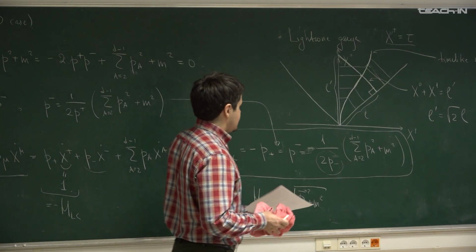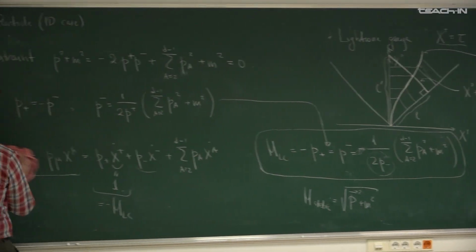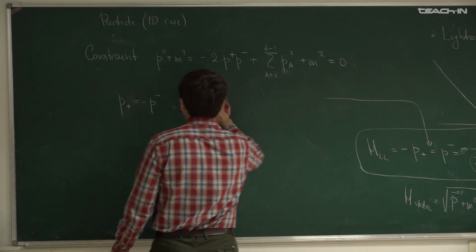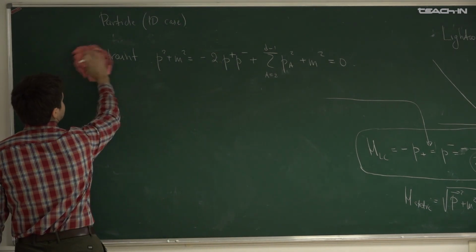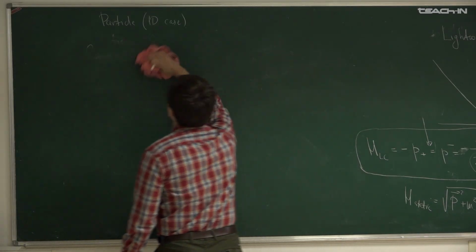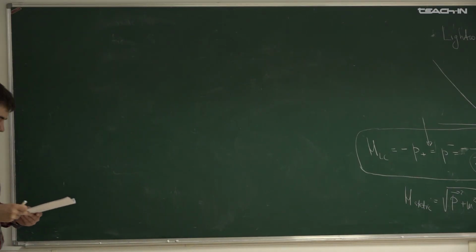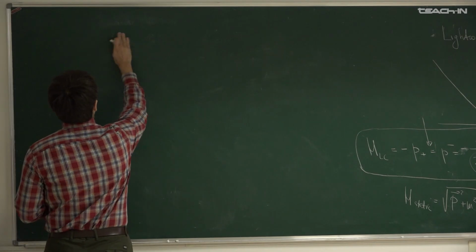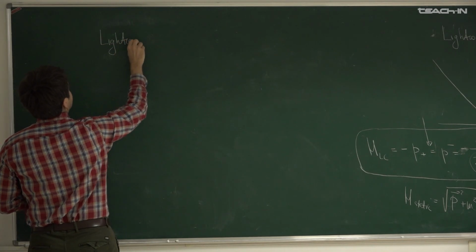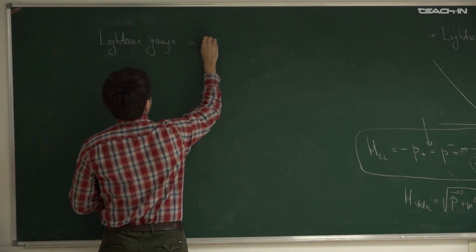Now we'll do the light-cone gauge for the string, by basically repeating this procedure to some extent. Light-cone gauge in the 2D case.